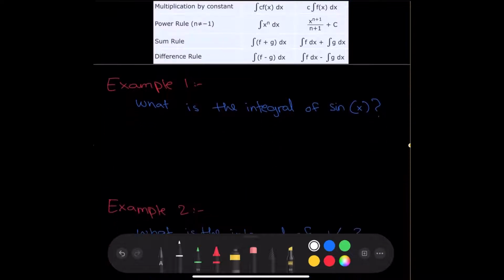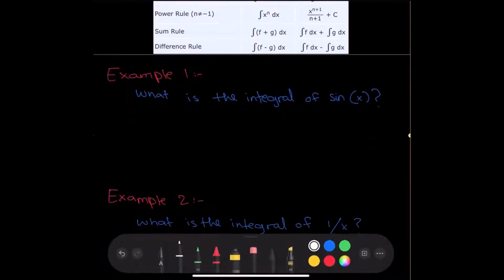So we're just going to write the integral of sine of x dx equals negative cosine x plus c. Okay, so it's as simple as that. You just refer to the rule table and you're going to find your answer.